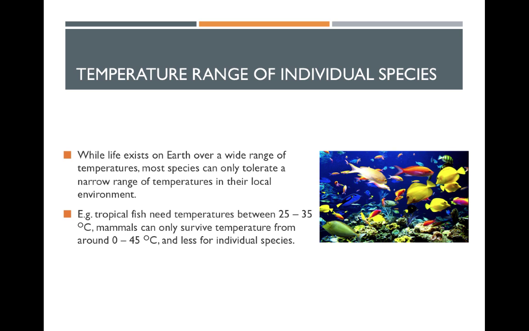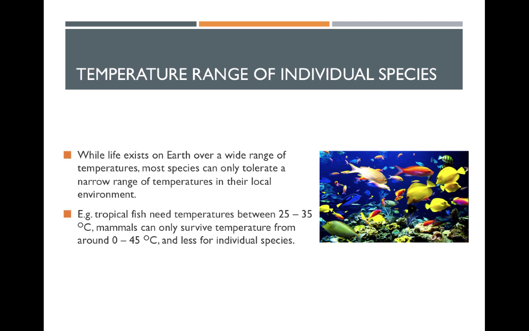However, obviously, us as a species, most other animals, plants, any living thing, can't tolerate a change of 420 degrees in their environment, okay? So while life exists over that huge range of 420 degrees Celsius or more, most species can only tolerate a very narrow temperature change in their local environment.